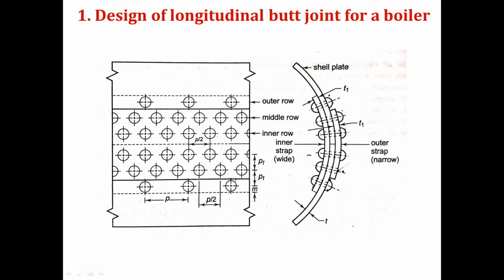Outer strap is narrower and inner strap is wider. So I will call this joint a triple riveted double strap butt joint with unequal strap. If both outer and inner strap have the same thickness, then it is a triple riveted double strap butt joint with equal strap.